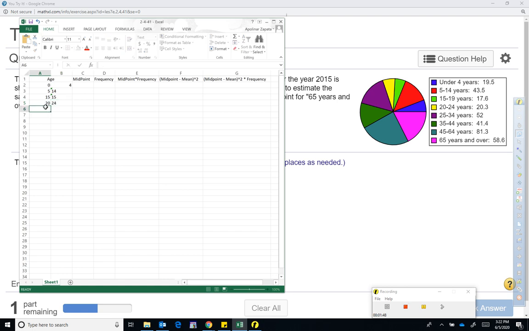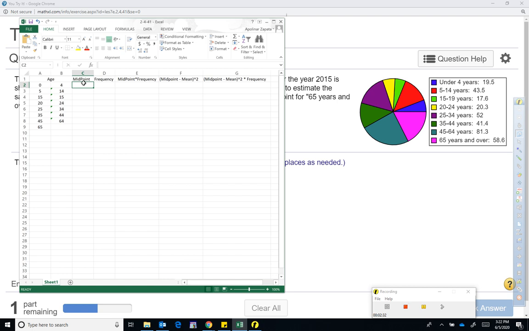Then it's going to be 25 to 34. I'm just writing down these classes. Then 35 to 44. Then 45 to 64. And lastly 65 and over. Okay, let me organize this in the center.